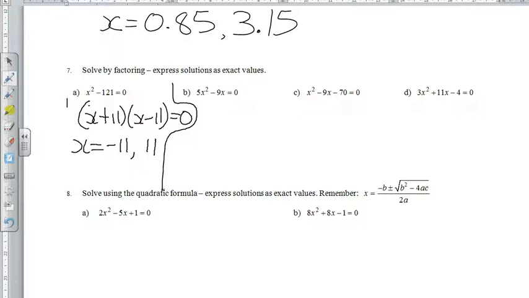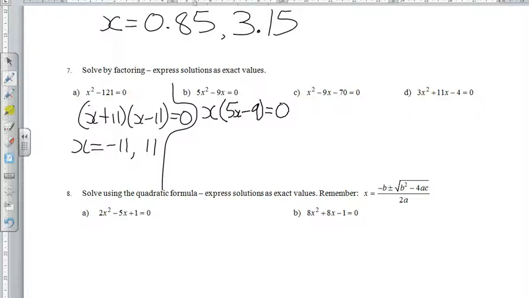5x squared minus 9x. This is a common factor. Okay, with 2 terms, it's either a difference of squares, in which case you're going to see a minus sign and things that have square roots, or it's common factoring.